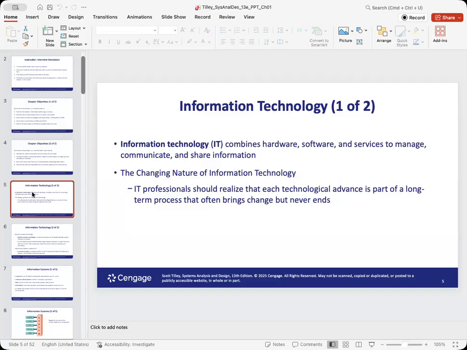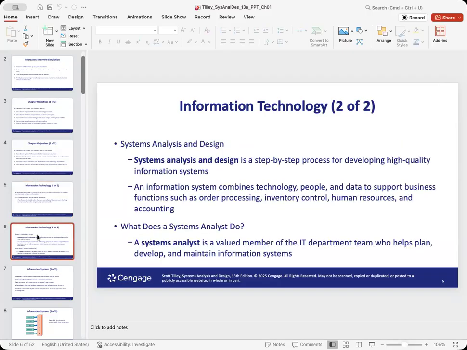So the entirety of IT is your ability to combine these elements. And if you're able to combine these elements for proper use, you are actually utilizing the fullness of information technology.